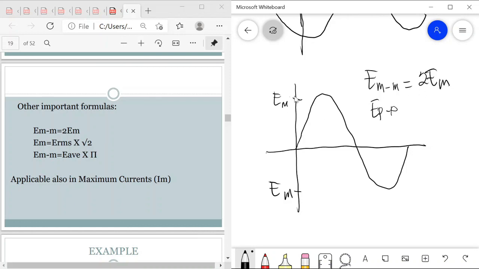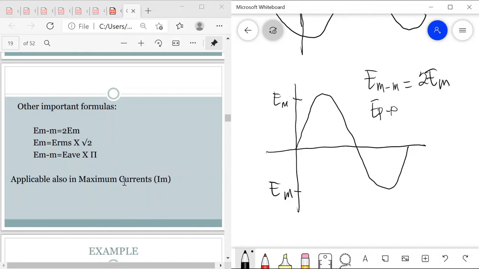Of course, the magnitude here is the same as the magnitude at the negative half cycle. E maximum, this one, is equal to E RMS multiplied by square root of 2. So E RMS is the root mean square, times square root of 2. E maximum to maximum also is equal to E average times pi.